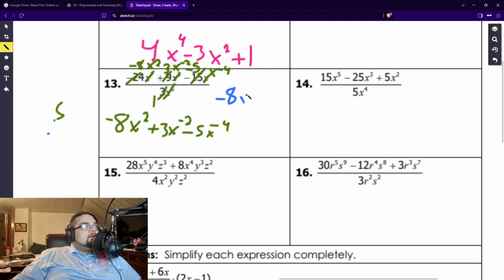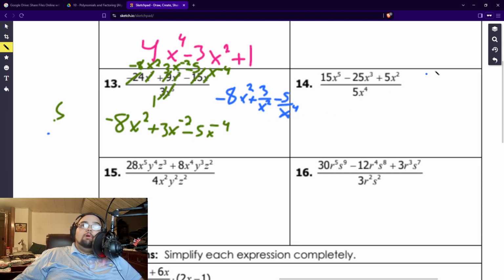Negative 8x squared, there's no negatives there, plus 3 over x squared. The negative 2 was applying to the x, not the 3. Minus 5 over x to the 4th. The negative 4 applies to the x, not the 5. These are just multiplying by each other, which gives us this final answer.